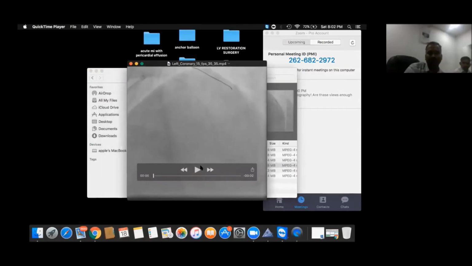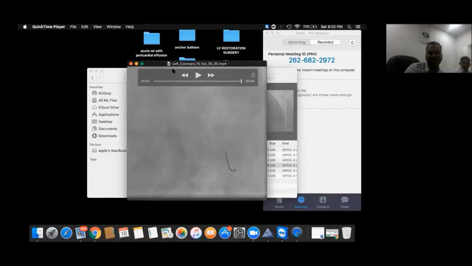So this is after IVUS guided entry and the dilatation. Can you see the LAD? Till the diagonal, I have dilated the vessel. See the vessel below the diagonal. How is it? Diffusely diseased.